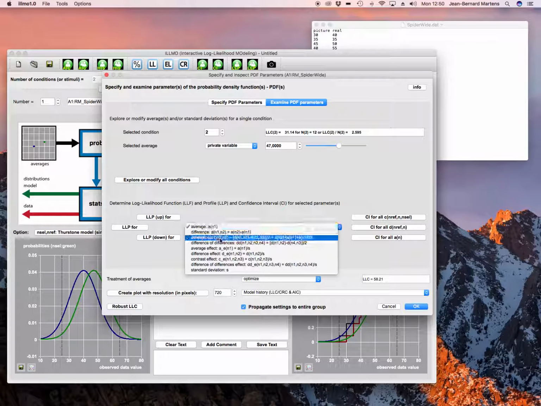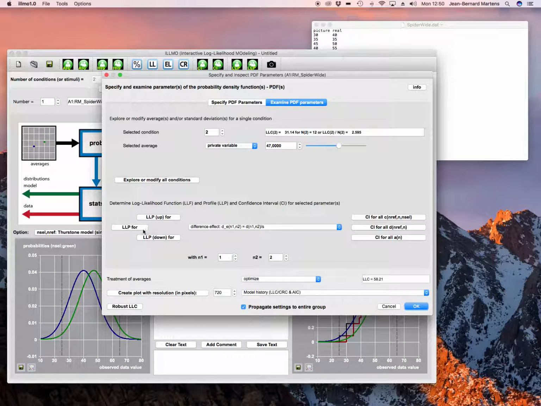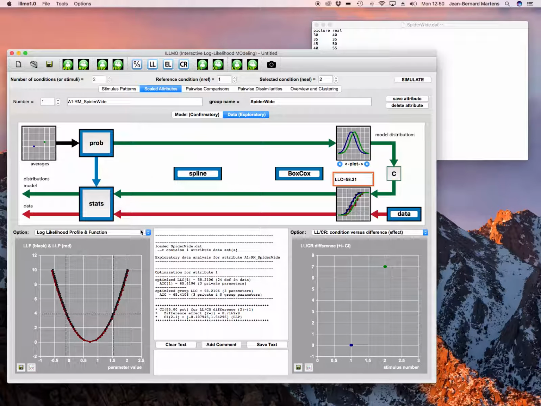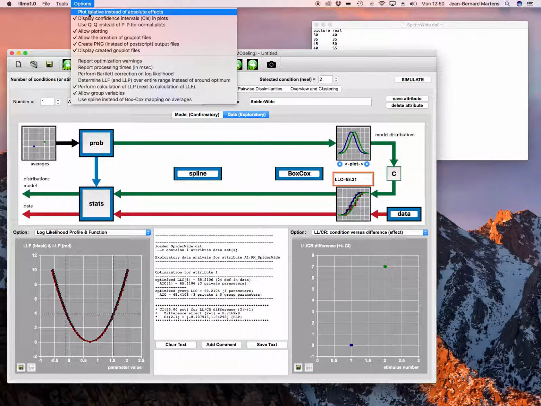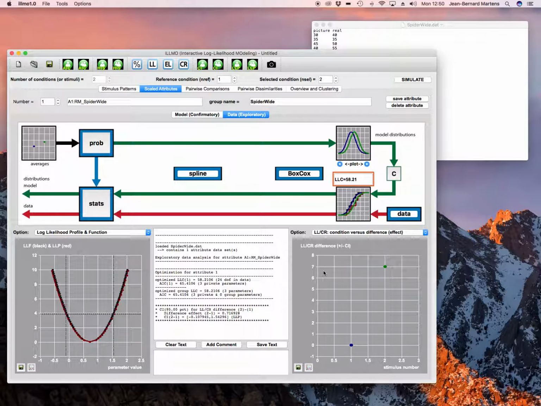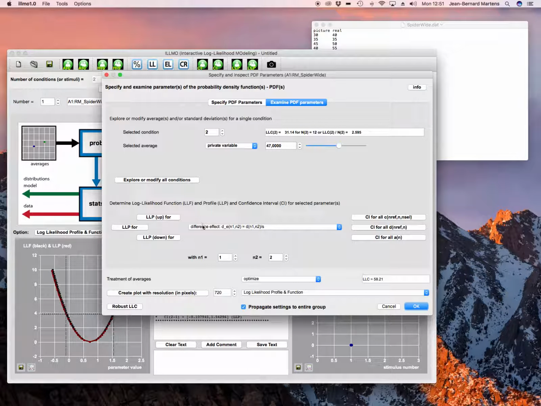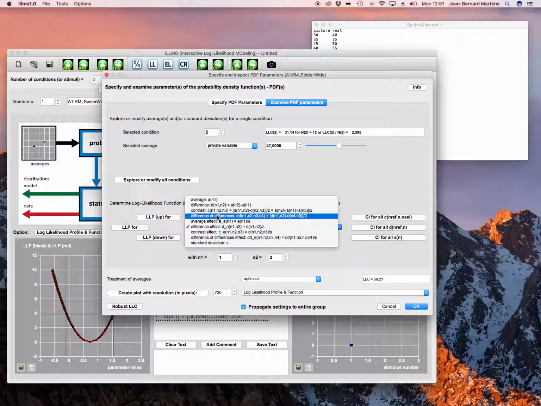For instance, we can look at the difference between the two averages and conclude that they're not significantly different since 0 is within the confidence interval. So we could also look at the difference effect if we're more interested.